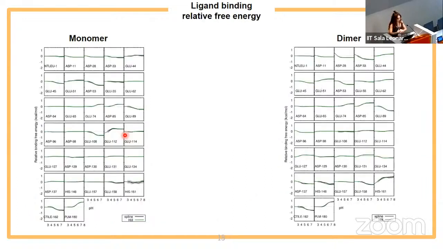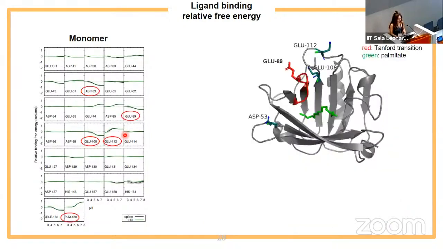If we look at the contributions that each residue has for both the monomer and the dimer, we can focus first on the monomer, on some selected residues. They are depicted here, and in red there's the loop associated to the TAN4 transition, and in green the palmitate.